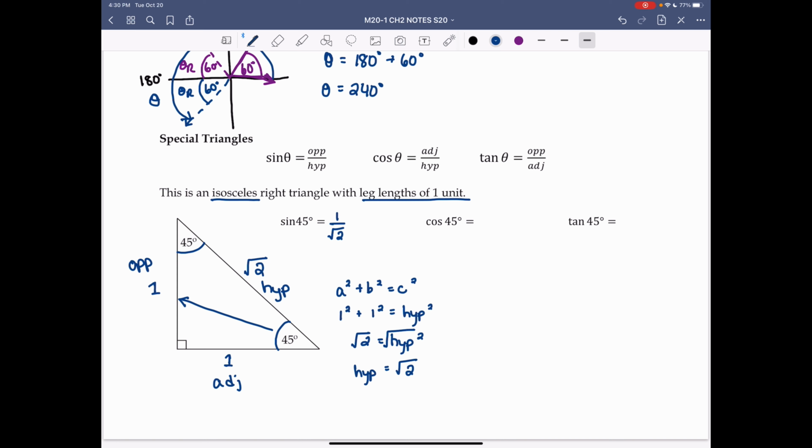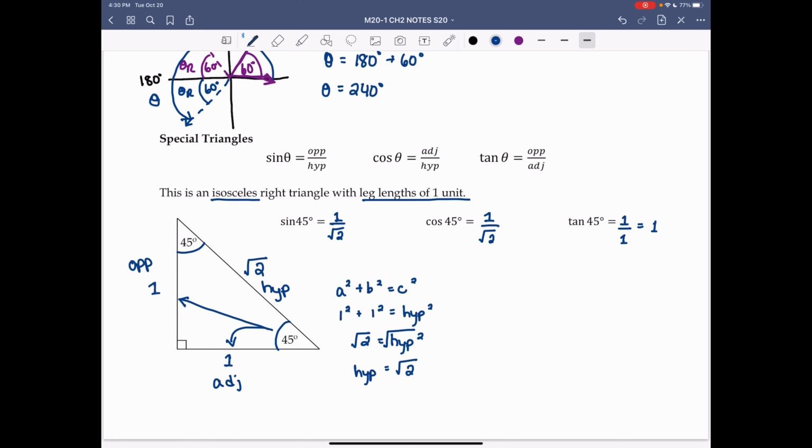Cos 45, cos is adjacent over hypotenuse. Adjacent in this case is also 1 because this is an isosceles right triangle, so 1 over square root 2. And then tan is opposite over adjacent, which in this case is 1 over 1, which just equals 1.